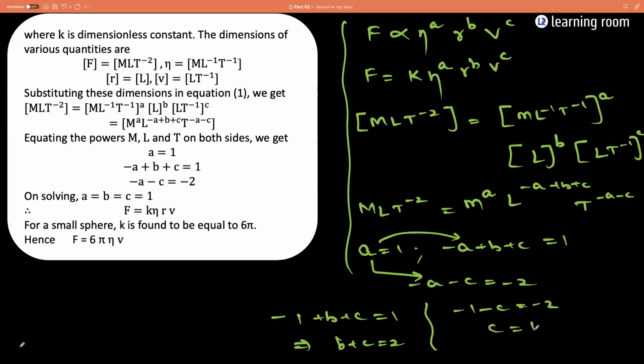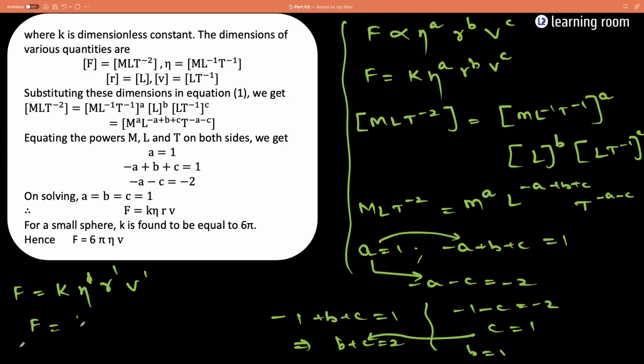So C will be equal to 1. So if C is 1, put it here, B will also be equal to 1. So what is going to be the answer? F will be equal to K into eta power 1, R power 1 and V power 1.